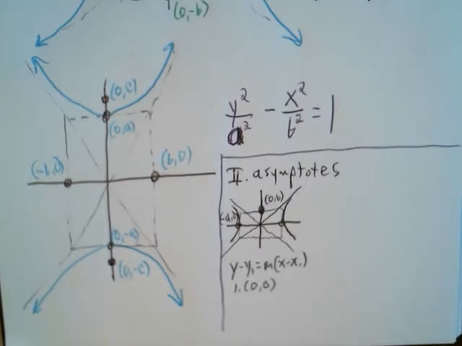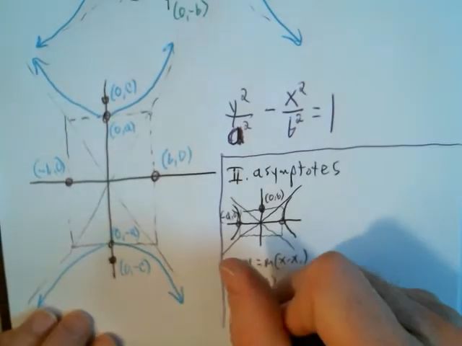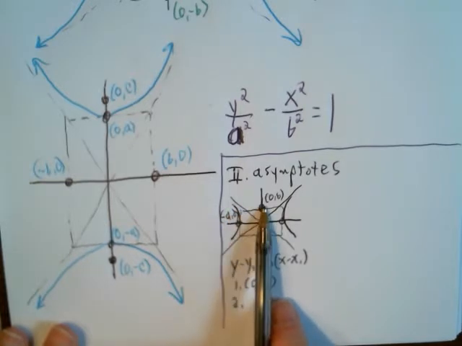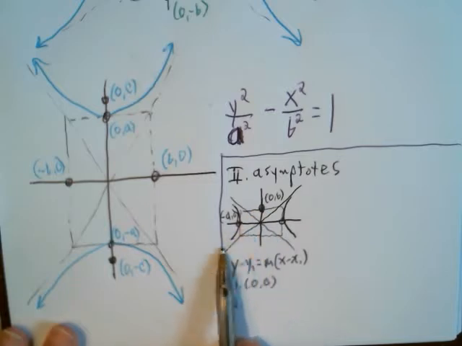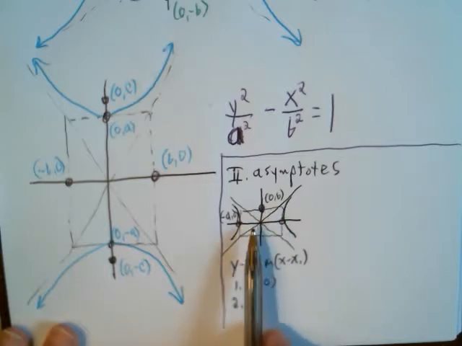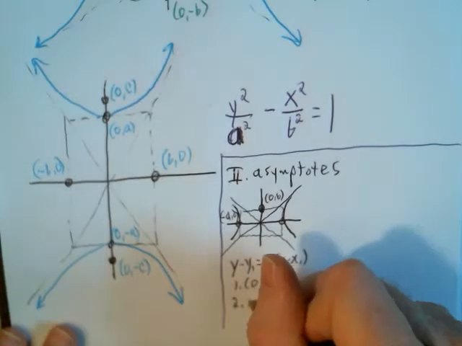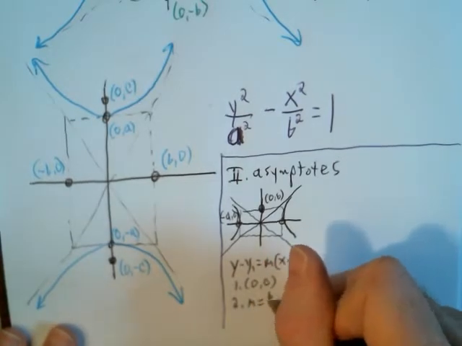Secondly, the slope. How do I get the slope? You can think about it as going up by b and then over by a. For this first line, I go up by b, and then I go right by a. So the slope is b over a.